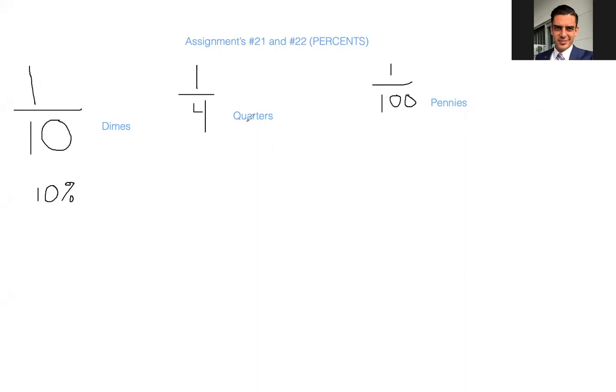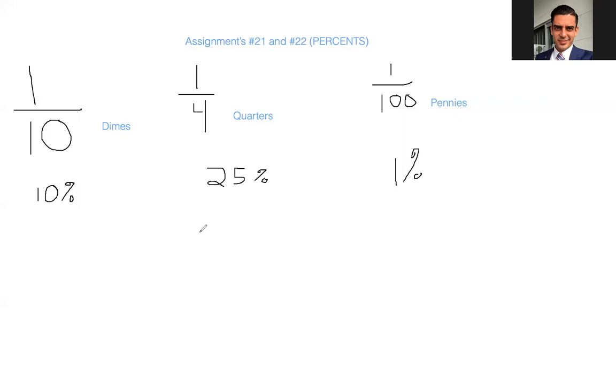If you have 1 over 4, you think about quarters. If you had 1 quarter, then you have 25 cents, so 25%. And if you have 1 penny, because it's 1 over 100, then you have 1 cent or 1%.